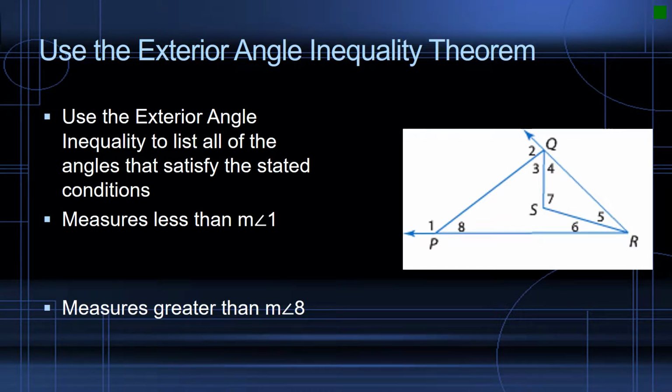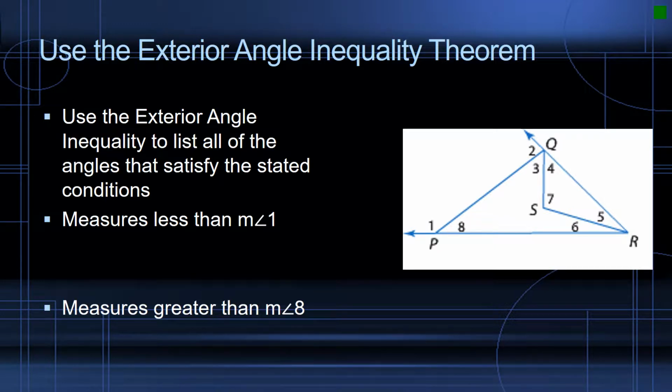angle theorem, which said that if you've got an exterior angle, this is an angle outside the interior of a triangle, then the sum of the remote angles is going to equal the exterior angle.